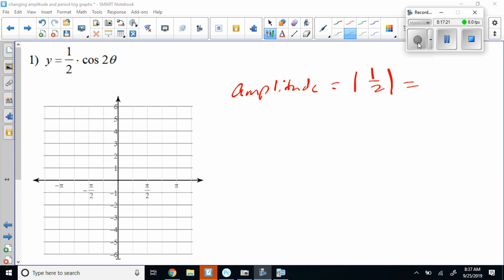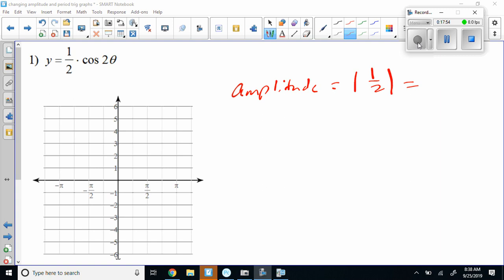No. When you take the absolute value of a number, you always return a positive. Why? What is the absolute value of something? By definition, the absolute value is the distance from that point back to 0.